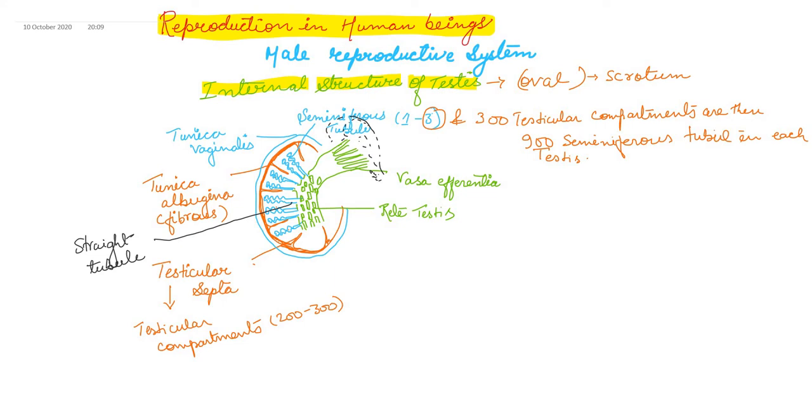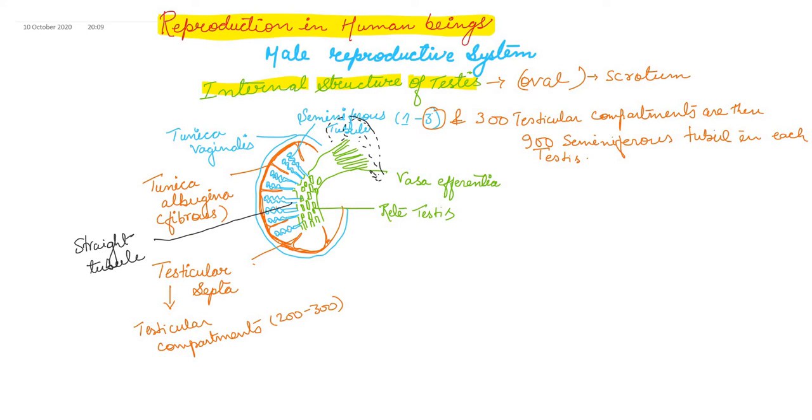From straight tubule, the sperm is transferred to the network-like structure, rete testis, and from rete testis, sperm is transferred to vasa efferentia, and from vasa efferentia to epididymis.